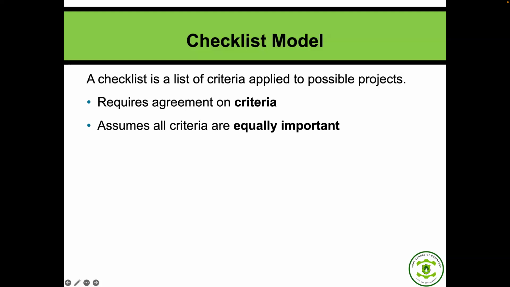The checklist model we use should be easy to measure. Now, what do you think would be some of the advantages of using the checklist model in screening projects? I would say one, it is simple. Simple to understand. We all agree. If you want to assess how the School of Business is running their programs, students can just agree and say, look, we need to check attendance. We need to agree on internet connectivity.